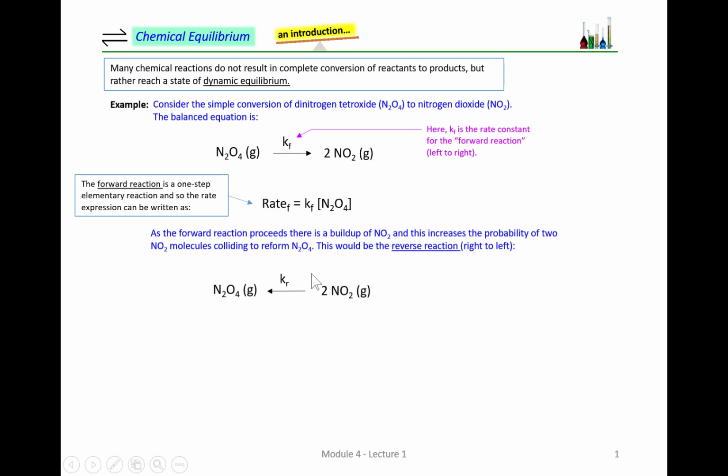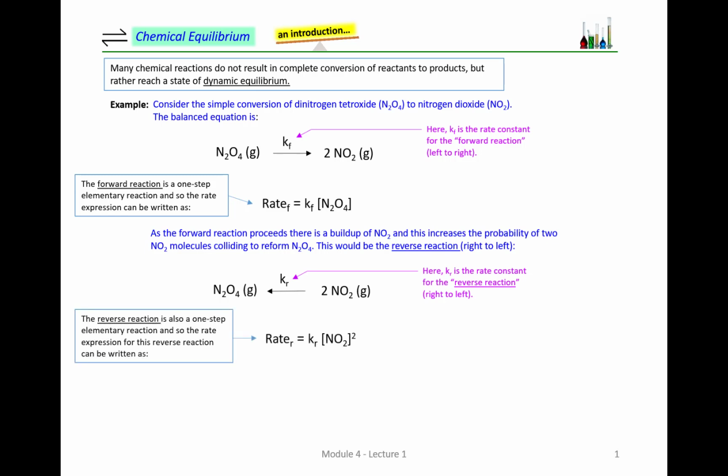So we're going to reverse the arrow, and we're going to say that the rate constant for this reverse reaction is K sub R, R meaning reverse, right to left. Now the reverse reaction is also a one-step elementary reaction, and so the rate expression for this reverse reaction can be written as the rate of the reverse reaction equals the rate constant times the square of the NO2 concentration.